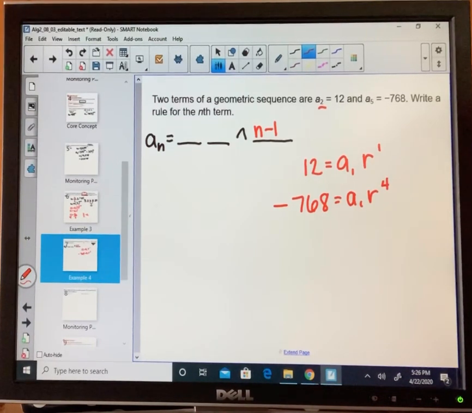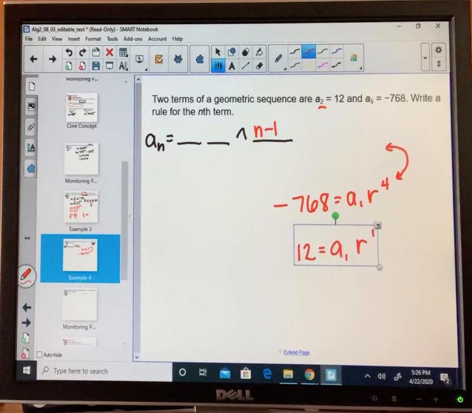So what I'm going to do is I'm going to divide these equations. Now, technically, if I'm going to divide equations, I'm going to want the biggest exponent to be on top. So I'm just going to grab this one and move it down.